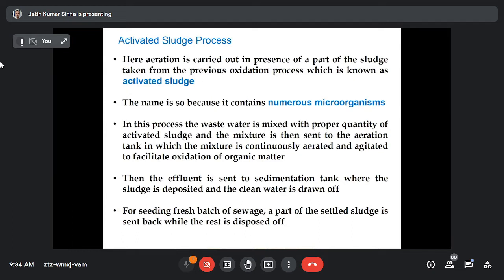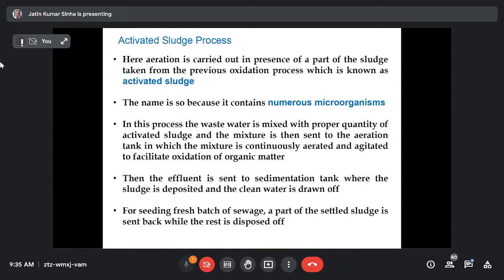Then the effluent is sent to a sedimentation tank where the sludge is deposited and the clean water is drawn off. For seeding a fresh batch of sewage, a part of the settled sludge is sent back while the rest is disposed of. So whatever activated sludge is left can be used for seeding, that means for the first process.